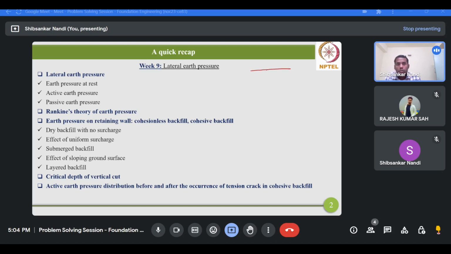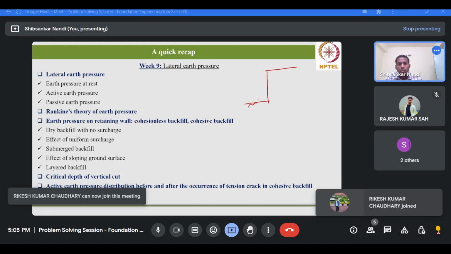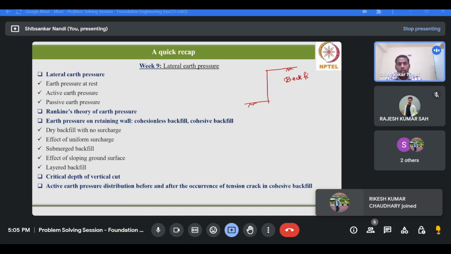I hope you know about retaining wall. A retaining wall is a geotechnical structure which is used to retain some backfill. Backfill is another terminology in geotechnical engineering.